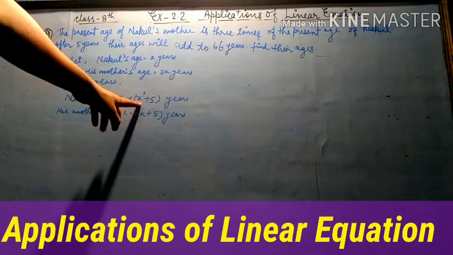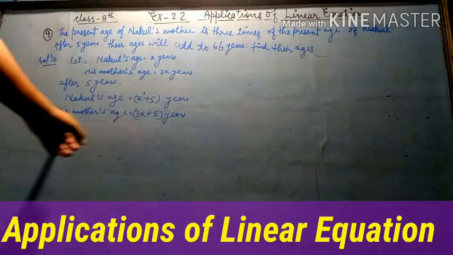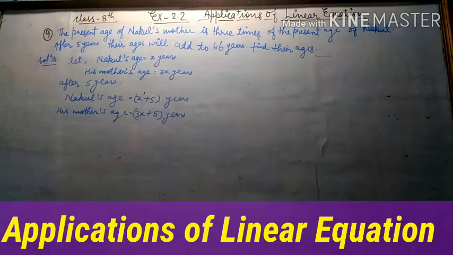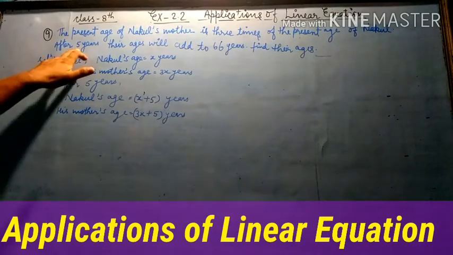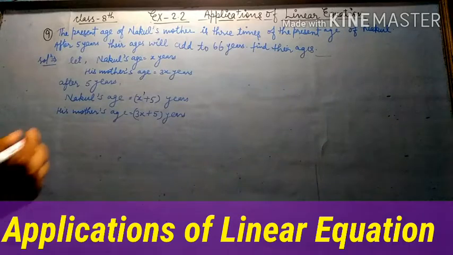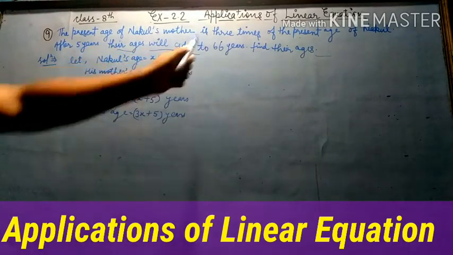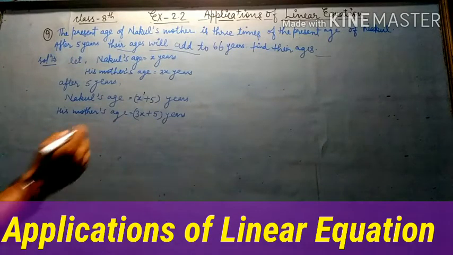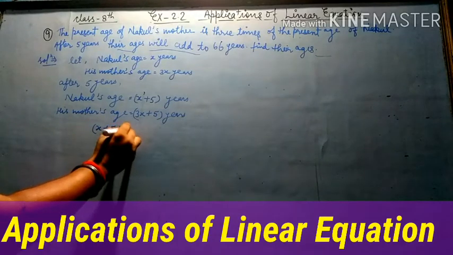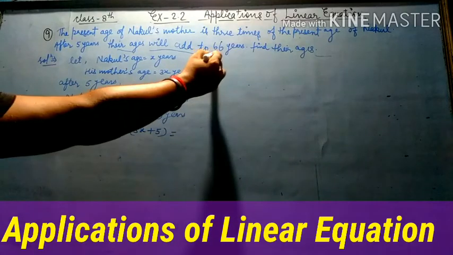So Nakul's age x years before, now x plus 5 after 5 years, and his mother's age 3x plus 5 years. In the before condition we will subtract the years, and in the after condition we will add the years. Okay, remember this thing. So now, after 5 years, their ages will add, means we will add their ages. x plus 5 plus 3x plus 5 equals to 66 years.